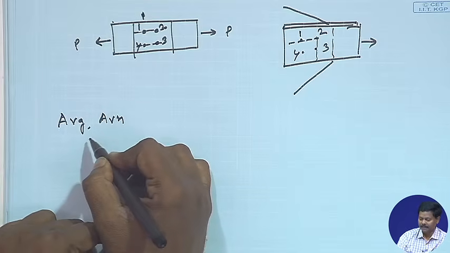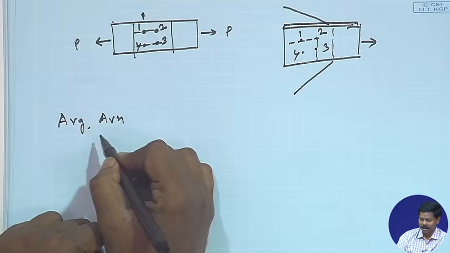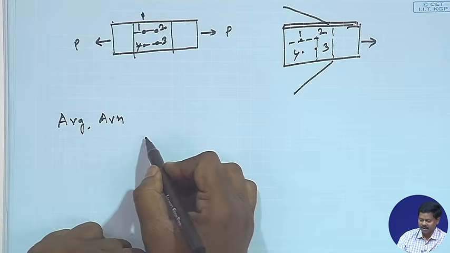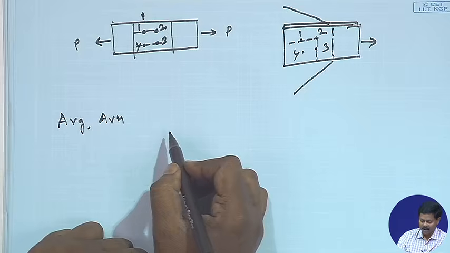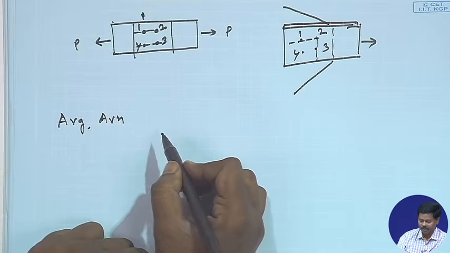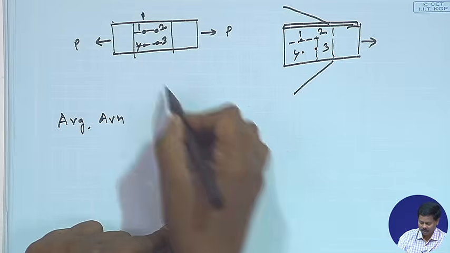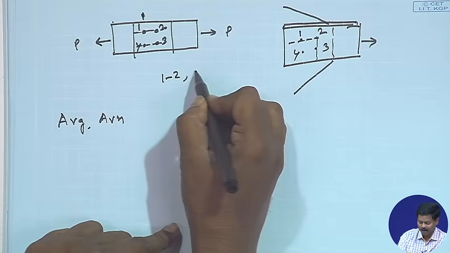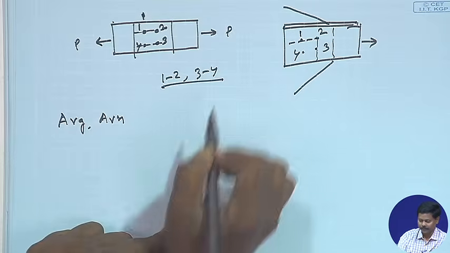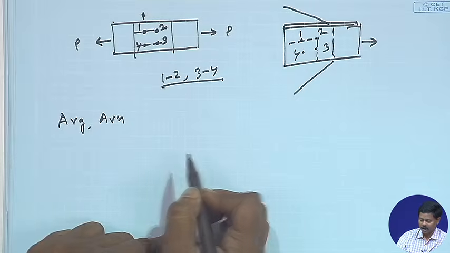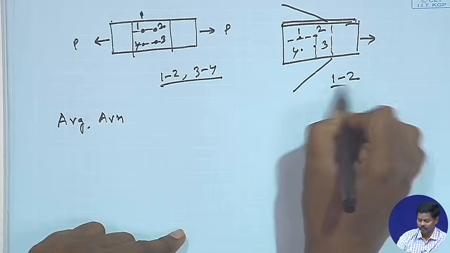Okay. Now, AVG and AVN. AVG is the minimum gross area and AVN is the net area in shear along bolt line parallel to external force. That means, along line 1, 2 and 3, 4, and here along 1, 2.